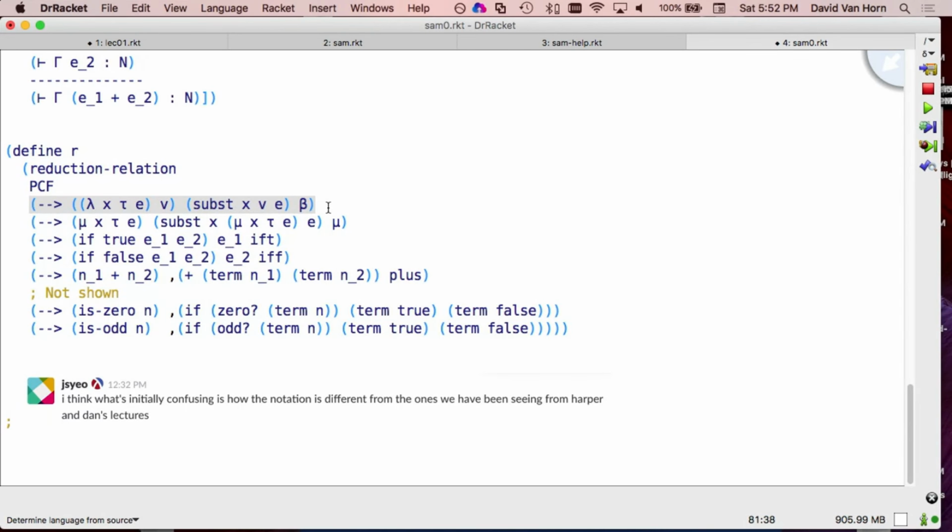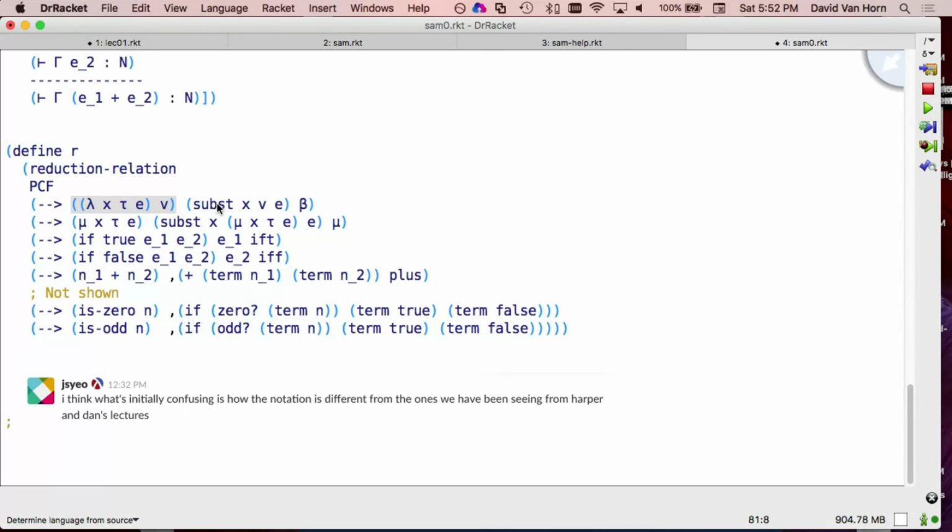So this case is called beta, and its definition is if you match that pattern of being an application with a lambda term and a value, then that reduces to the substitution of v for x in e.